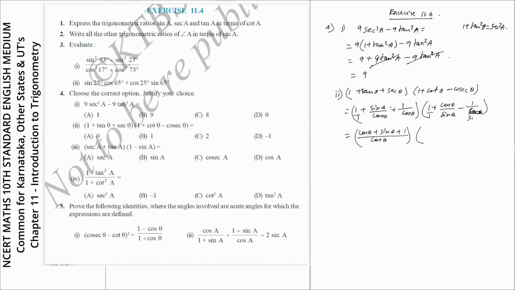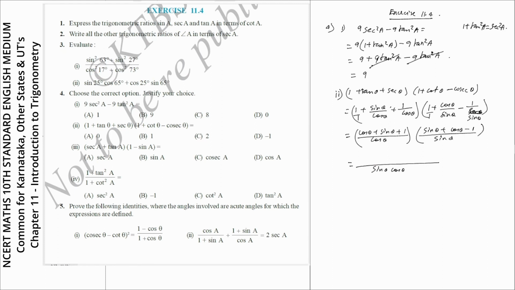This is sin theta. Okay, now here LCM is sin theta. So I'll get sin theta plus cos theta minus 1. So in the denominator I can multiply sin theta into cos theta, is sin theta cos theta.